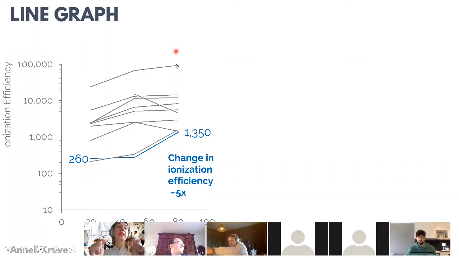And then what we would need to do is that we would have a graph for each of the compounds. We would not be able to put several compounds on the same graph if we want to have it readable.